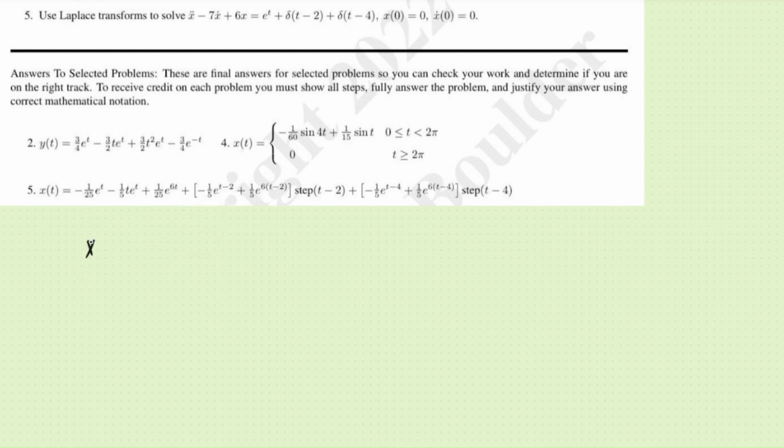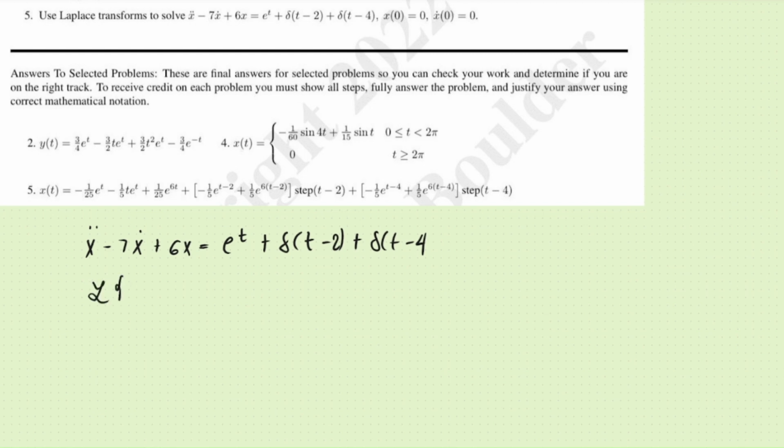So let's write our differential equation. x double prime minus 7x prime plus 6x is equal to e to the t plus Dirac delta of t minus 2 plus Dirac delta of t minus 4. The first thing we're going to do is take the Laplace transform of both sides of the equation.